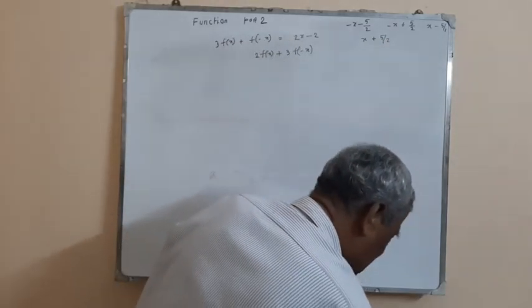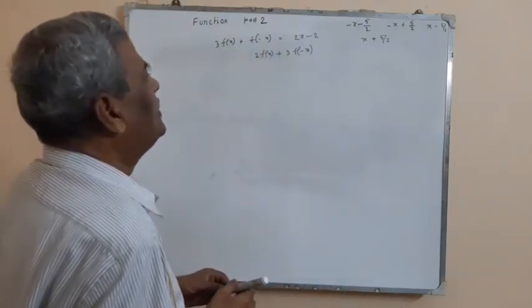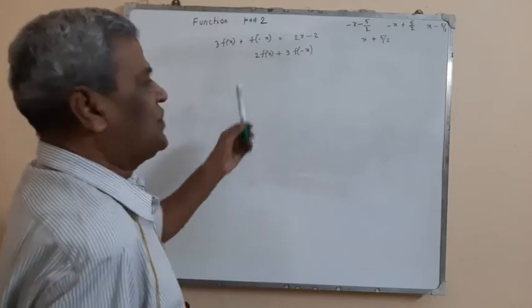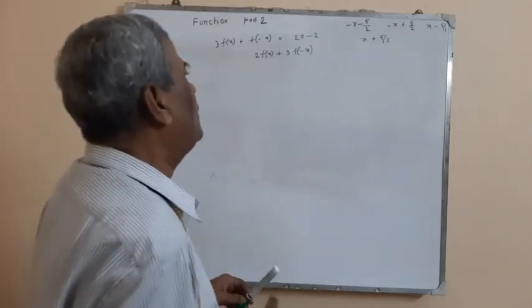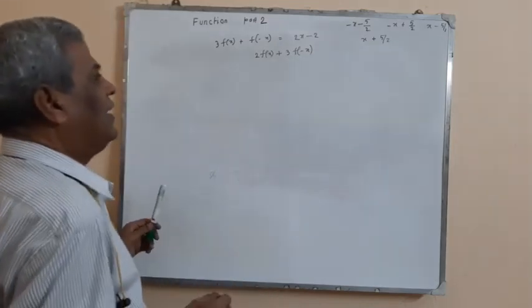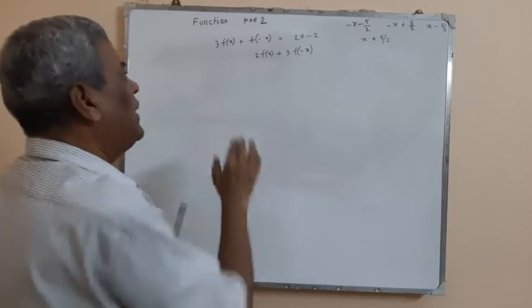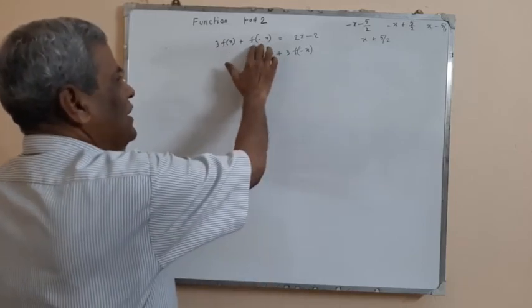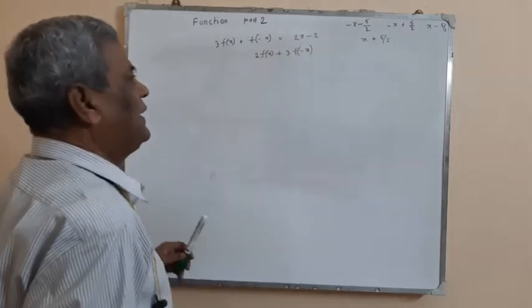Okay. This problem is very simple and interesting, and very important also. Here actually we have two unknowns. One is f(x), the other is f(-x), and it is equal to something in terms of x.